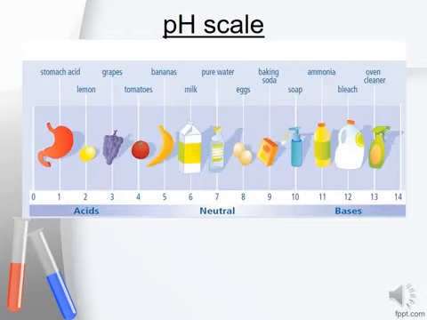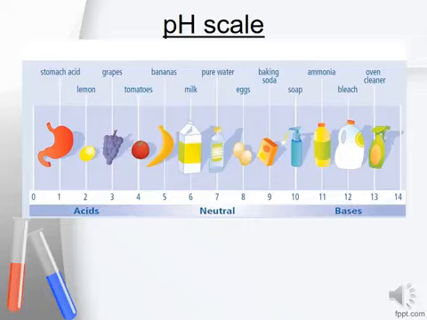Now, what about the pH scale? The pH scale ranges from 0 to 14. From 0 to less than 7 is acidic. 7 is neutral.